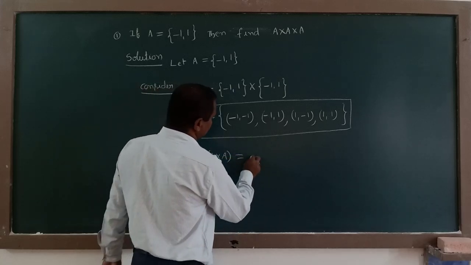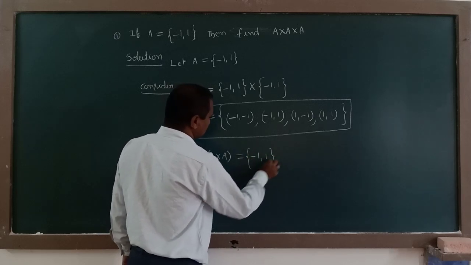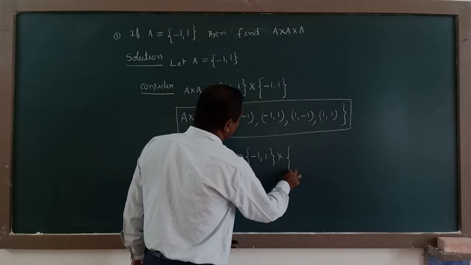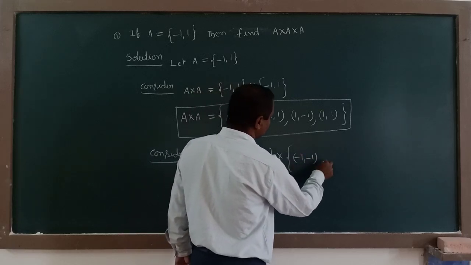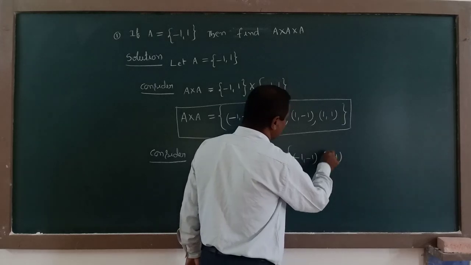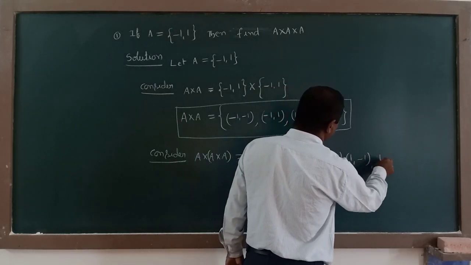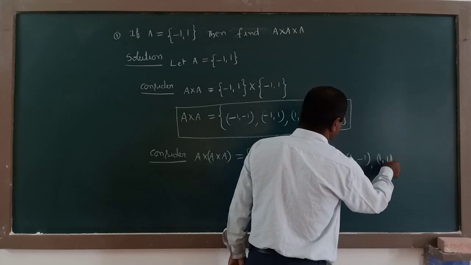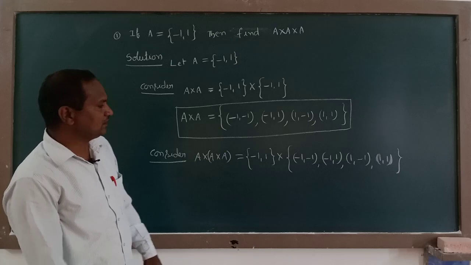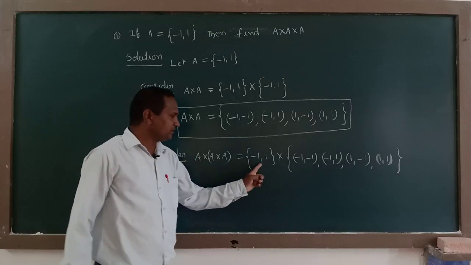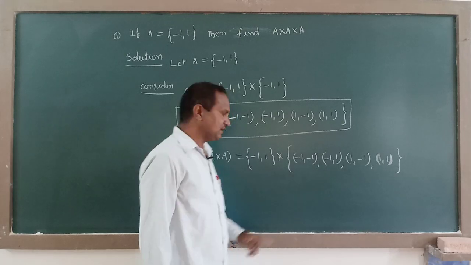First set A is minus 1 comma 1, cross the remaining elements: minus 1 comma minus 1, minus 1 comma 1, 1 comma minus 1, and last is 1 comma 1. Then take the cross product between the sets and the ordered pairs of the second sets.